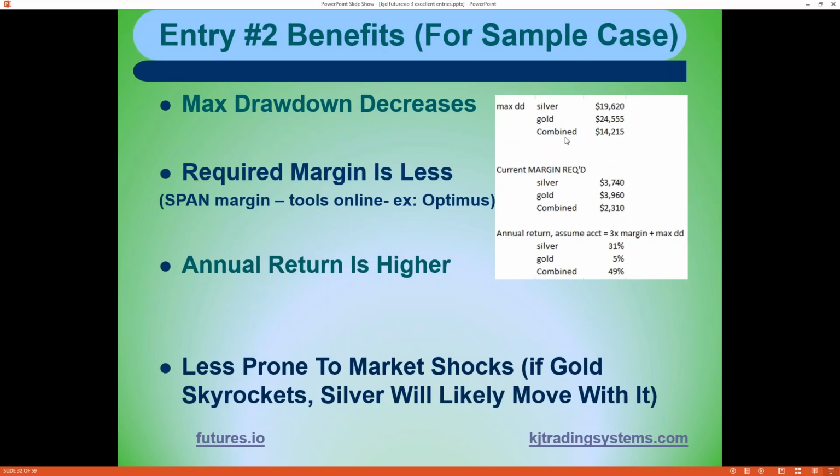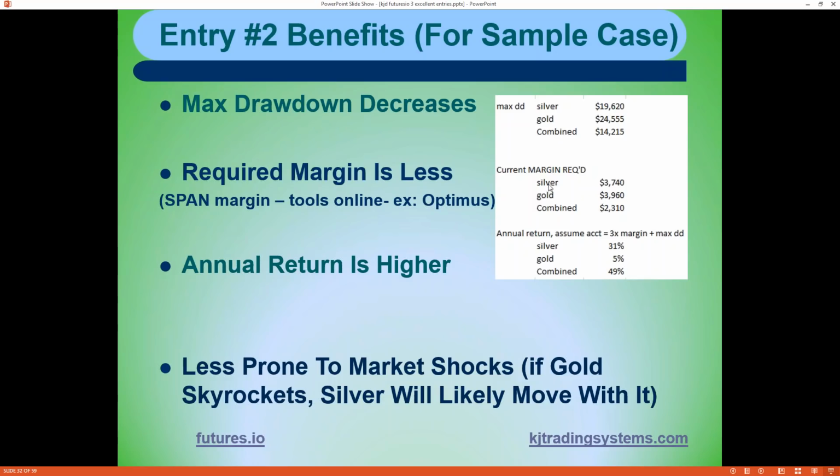If you take a look at the drawdown, silver by itself in this 2-year period was $19,000 per contract. Gold was $24,000. But when you traded them together as a pair, your drawdown was only $14,000. That happens a lot with this kind of approach, where your overall drawdown goes down because you're trading one long and one short.